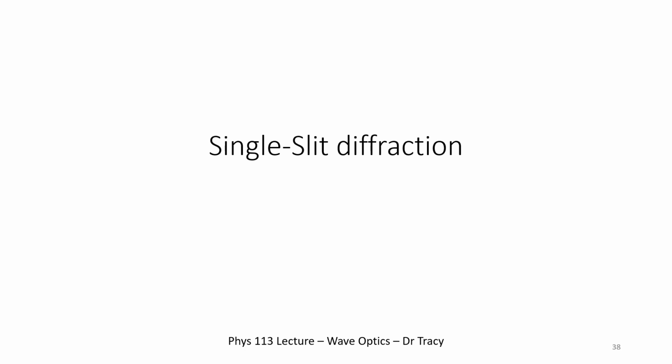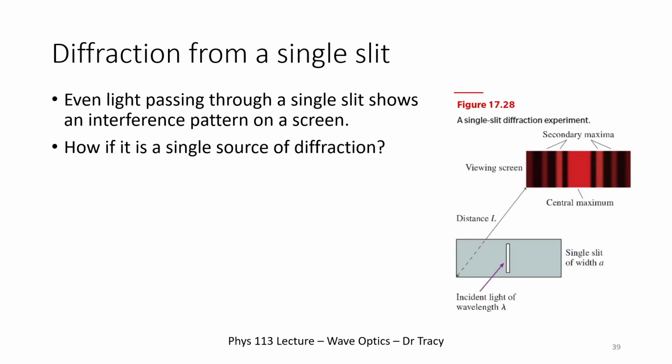Finally, we're going to look at single slit diffraction and see how that goes. And this is where we introduce some interesting ideas, because for a single slit interaction, you would think, okay, for a double slit, we're using two different sources, and for a diffraction grating, we're just adding more sources to interfere on a point.